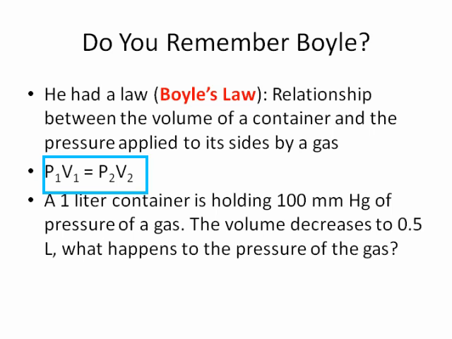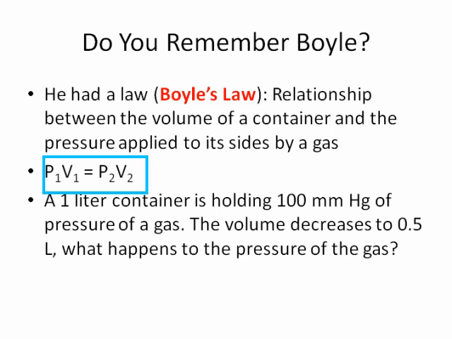So you can take your initial pressure and volume within a container and ask, what's going to happen to one or the other if I change the other? As an example, a 1 liter container is holding 100 millimeters of mercury. That's the pressure of the gas. The volume decreases to 0.5 liters. What happens to the pressure of the gas?